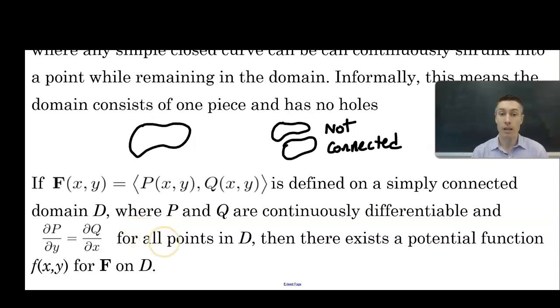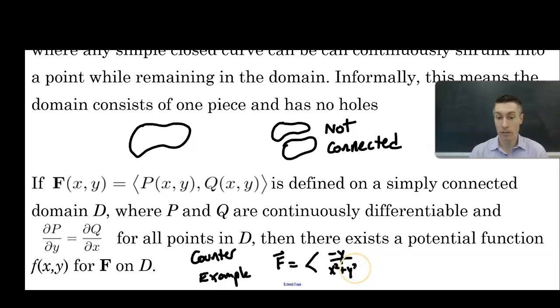A good counterexample here that's often used is the vector field negative y over x squared plus y squared and x over x squared plus y squared.